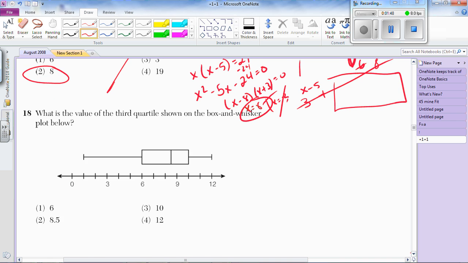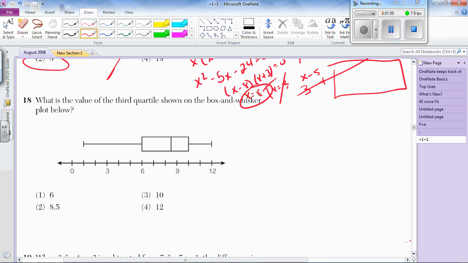Alright, this is a box and whisker plot. Let's just remember what all these things are. This is the min. This is the max. Quartile 1. Quartile 2, or the median. Quartile 3. Third quartile, right here. 9, 10, 11, 12. Wow, is that a simple question?